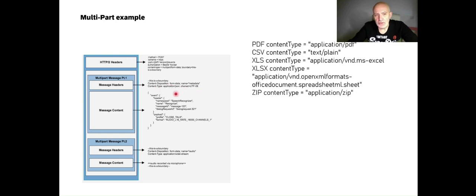In this case, here is a JSON, and in my right part, I quickly entered the types of documents I managed in this integration. Obviously, they will have to be managed depending on the type of extension of the file. You will have to manage the most appropriate content type. Multipart can be a single document or even multiple.